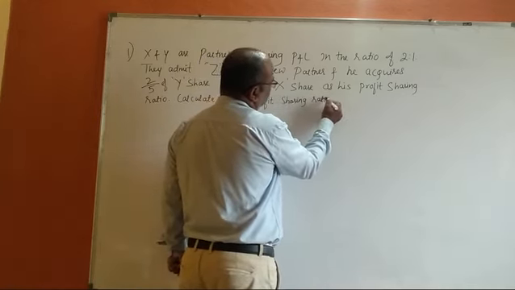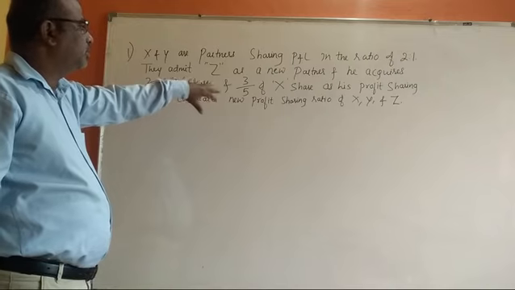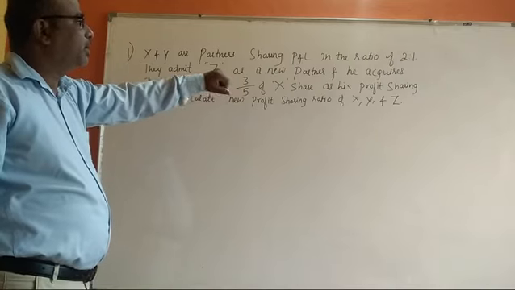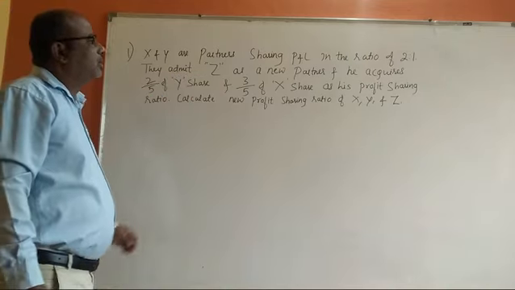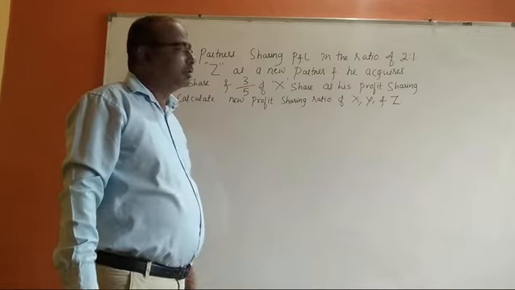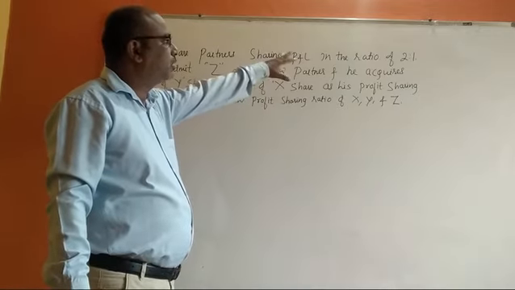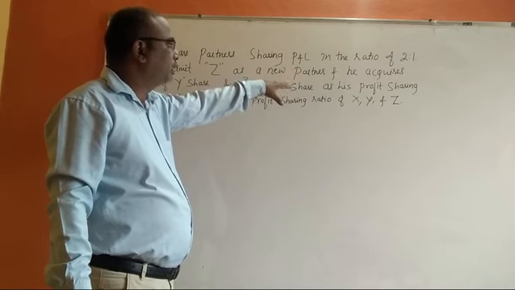So if you read the question properly, X and Y are partners sharing profits and losses in the ratio of 2:1. They admit Z as a new partner and he acquires two-fifth of Y's share and three-fifth of X's share as his profit sharing ratio. Calculate the new profit sharing ratio of X, Y and Z. So here the new profit sharing ratio of Z is not given. The old profit sharing ratio is given.